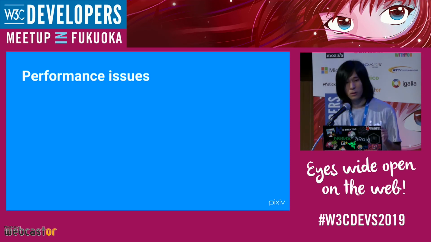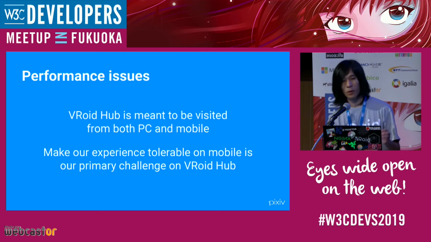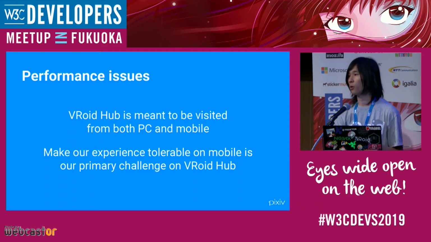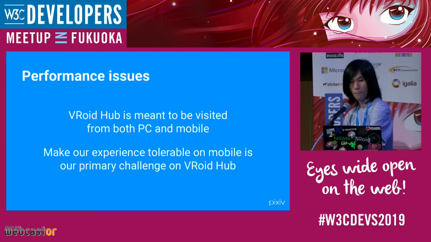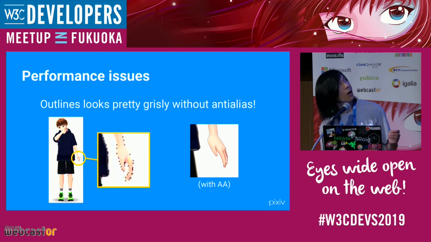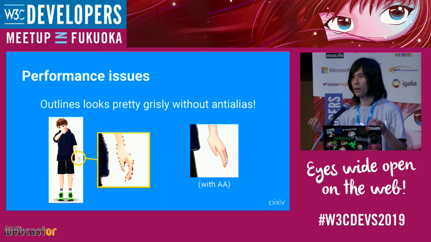Lastly, I'm going to talk about some issues we encountered during the development of VRoid Hub, our service. VRoid Hub is meant to be visited from both PC and mobile devices, so we have to make our experience tolerable even on mobile devices. But as you can see, the outline looks pretty jagged without anti-aliasing. Anti-aliasing is a technology to perceptually remove aliasing.